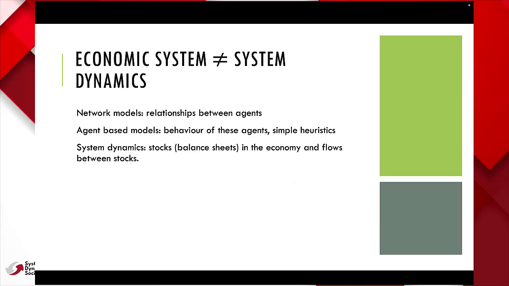I know many economists would like to think that it's like mathematics, but it's not. It's a social science, and that is because economic systems consist of people, and people are not rational. One of the assumptions of economic theory is that people are rational beings, but they're not.